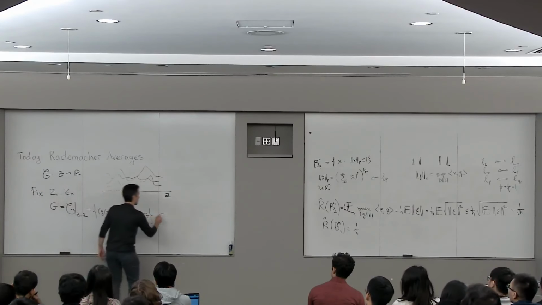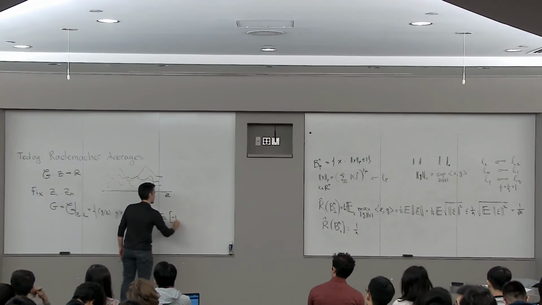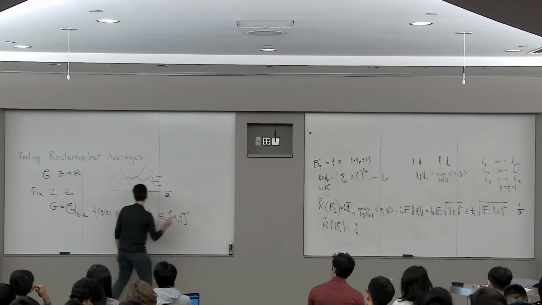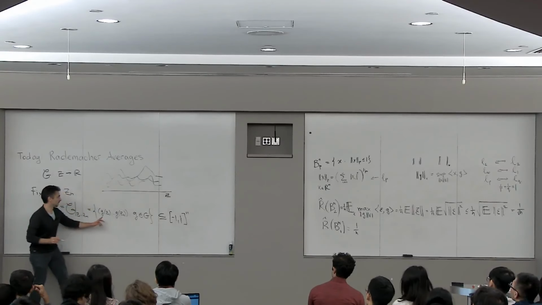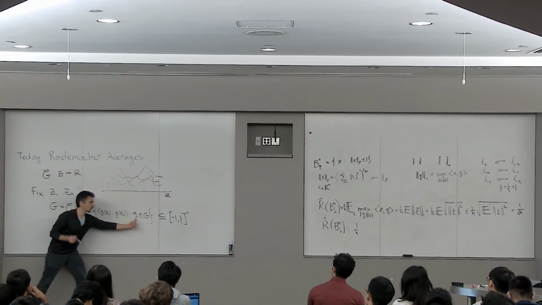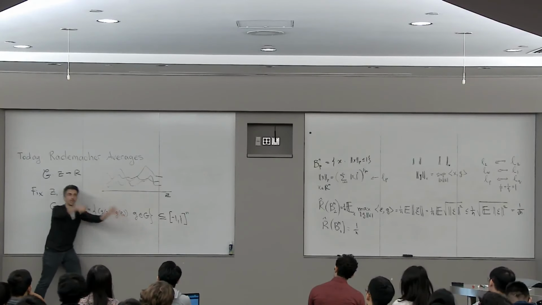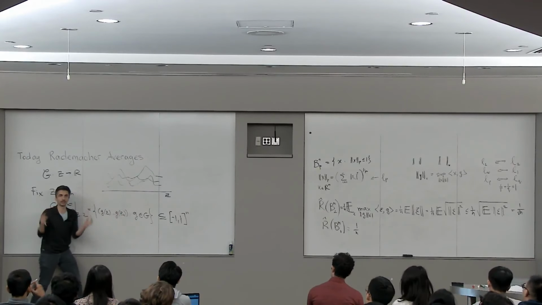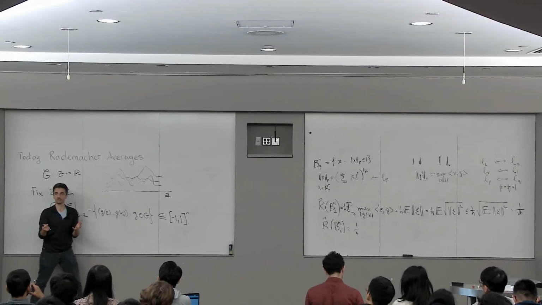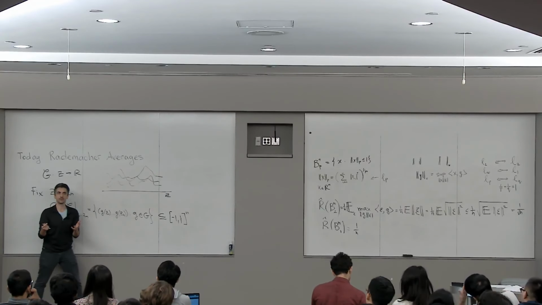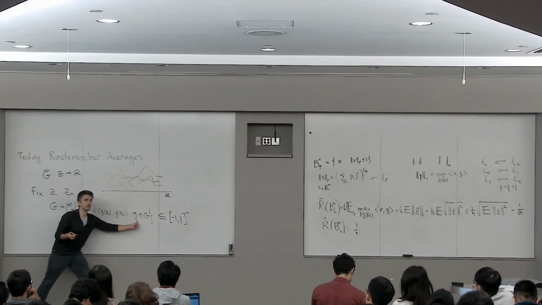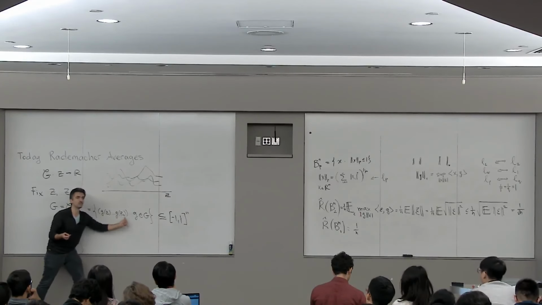So this is a subset of -1, 1 to the n. Let me try to explain, right? You go over the different functions, and for each function, you take a vector out. And you collect all these vectors, and that's your set G. Does that make sense? So you take one function, and then you evaluate it on all the points.